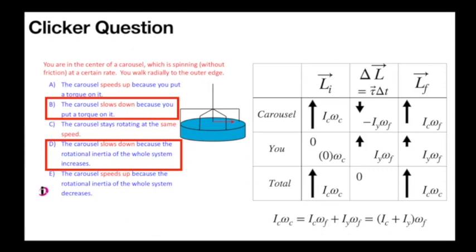So when I walk outward, it looks like there's no perpendicular component. However, in order to stay on this line, with respect to the ground, the outside that's not rotating, I am applying a sideways force. You can feel that if you have access to a carousel.